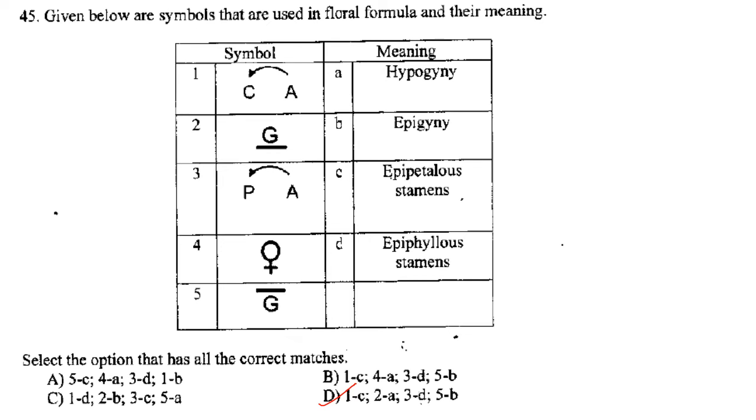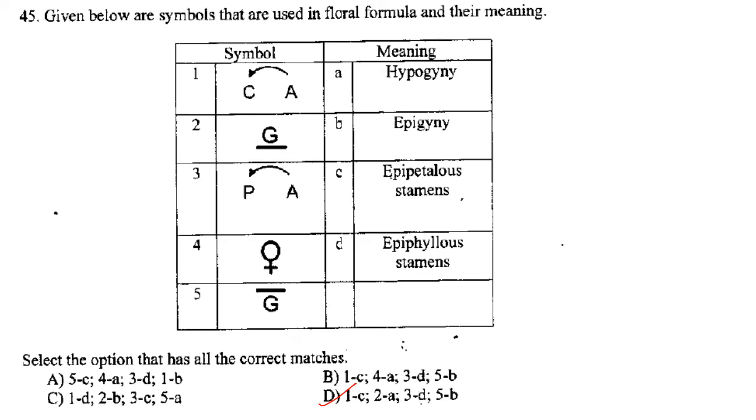Then next one. Given below are symbols that are used in floral formula and their meaning. So one, see, that is epipetalous stamens. One C is epipetalous stamens, and fourth one, that is 4 is, sorry, 2, second one.